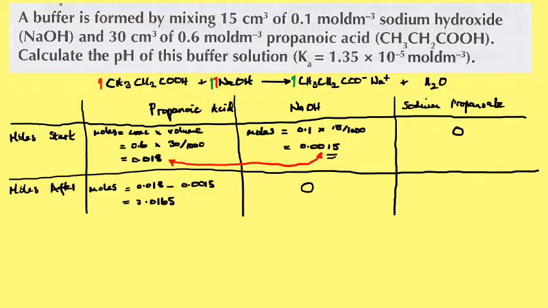So if we've reacted 0.0015 moles of sodium hydroxide, that is the number of moles of sodium propanoate that we're going to get after neutralization. So we can write in here moles equals 0.0015, and that completes our table.